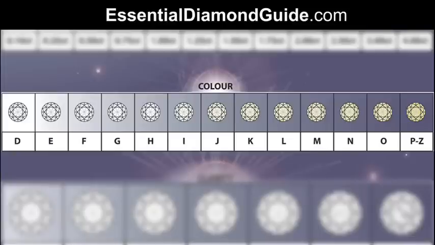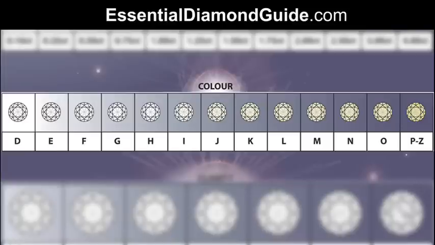Alright, so coming back to our chart, D is technically the whitest of all, and you've got E, F, G, H, and so on, right down to Z. Now after the colour hits Z, it becomes a fancy coloured diamond, so it's not part of that colour chart.